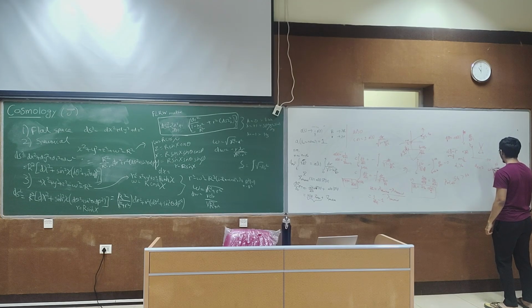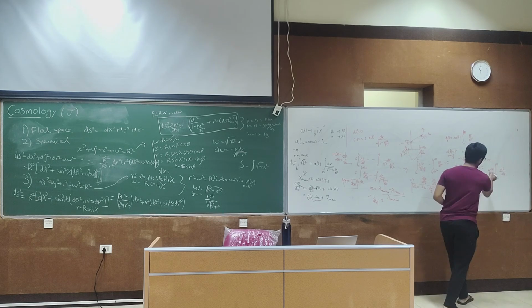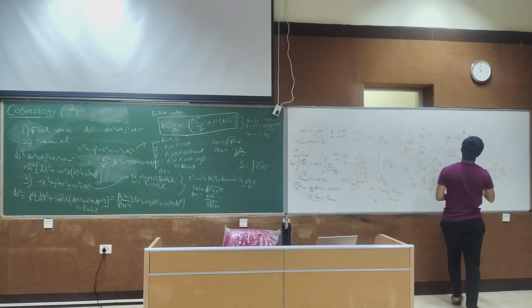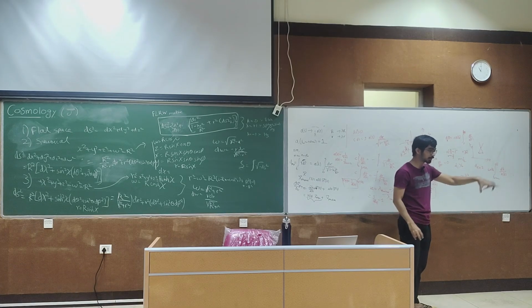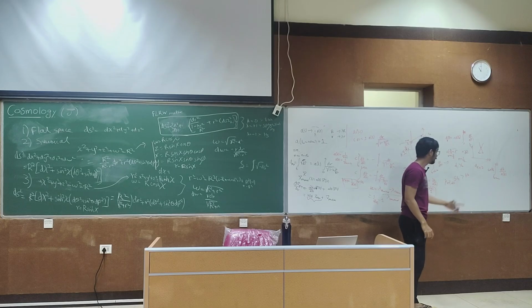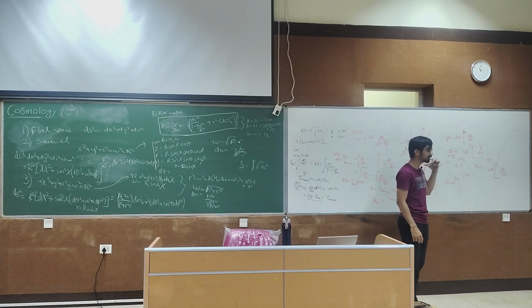And this is given by an integral of 1 over a of t. Now, at that point, like the phase change from radiation to matter dominated. We are currently in matter dominated. It can happen that the universe changes from matter to something else. Good catch. We'll see that it changes to something called dark energy.